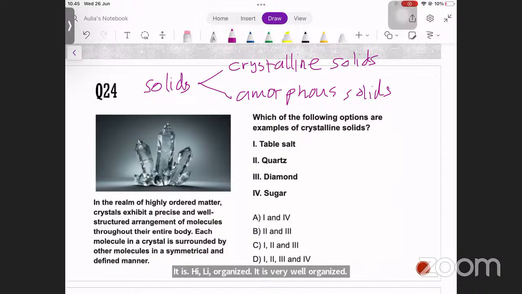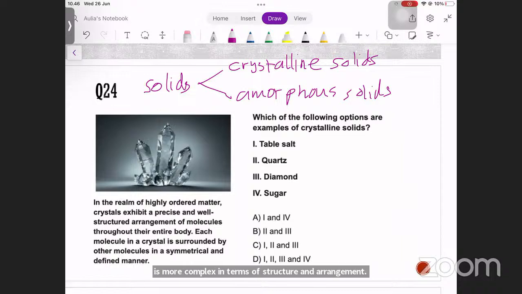And the most important thing is, we can find the 3D structure of crystalline solids more than the amorphous solid. For the amorphous solid, the 3D structure cannot be found. Or probably we can say that crystalline solid is more complex in terms of structure and arrangement.